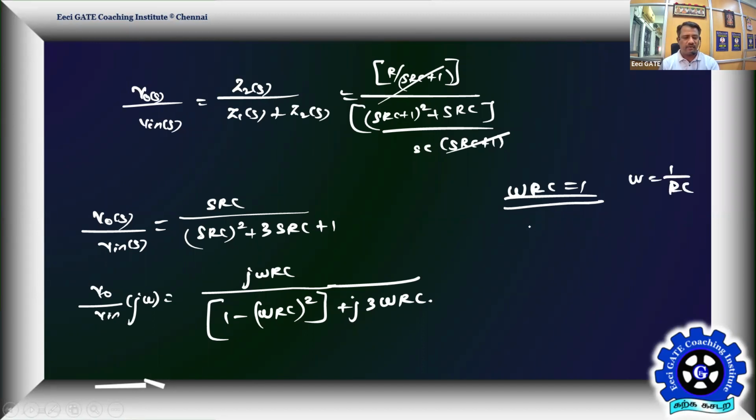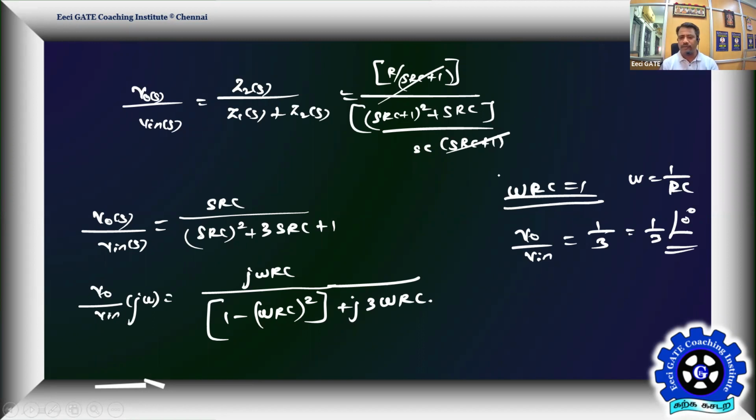Then what is V naught by V in? The real part vanishes, since 1 minus omega RC the whole square is 0. Then j omega RC by j3 omega RC gives 1 by 3. In polar form, it's 1 by 3 angle 0. That's what I said: at this particular frequency, it offers neither lagging angle nor leading angle.